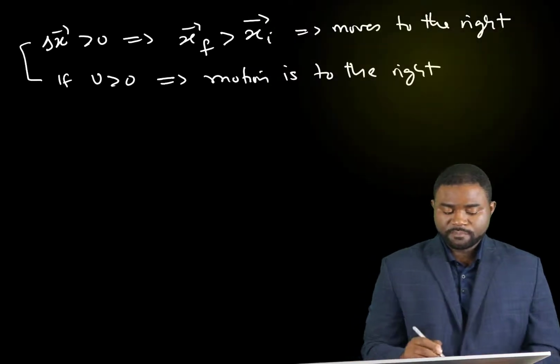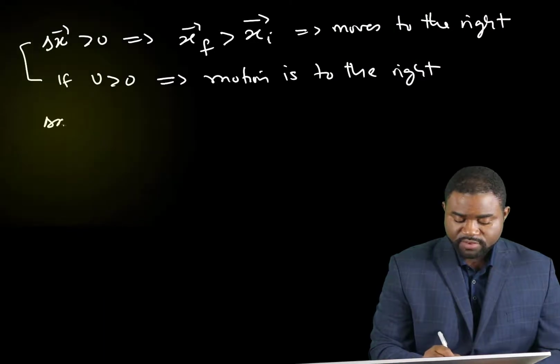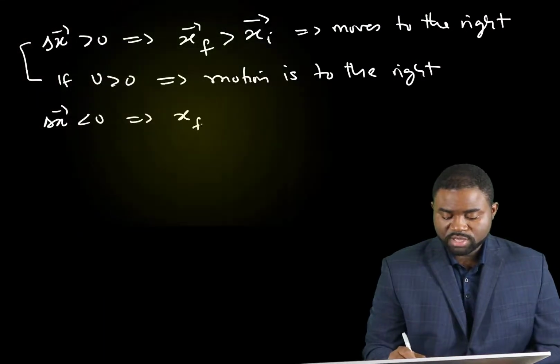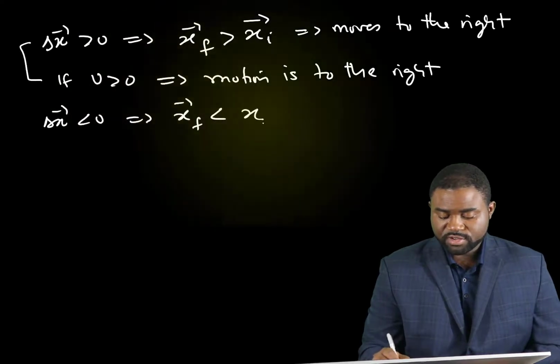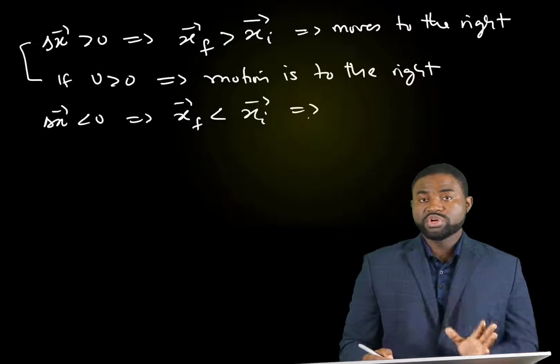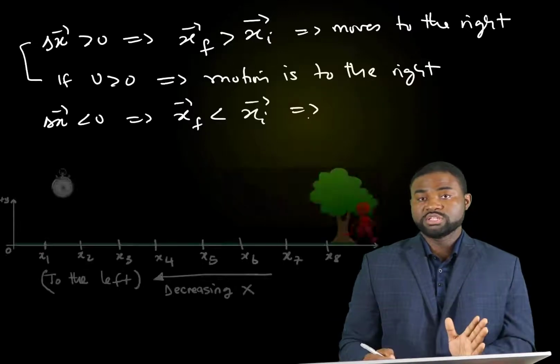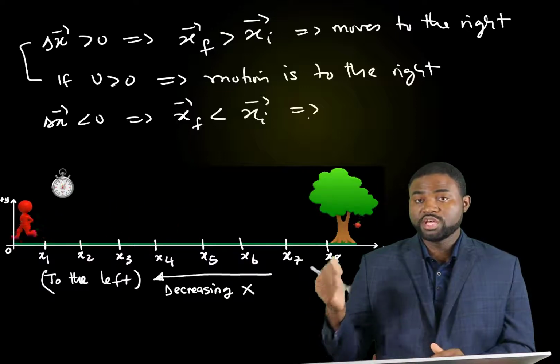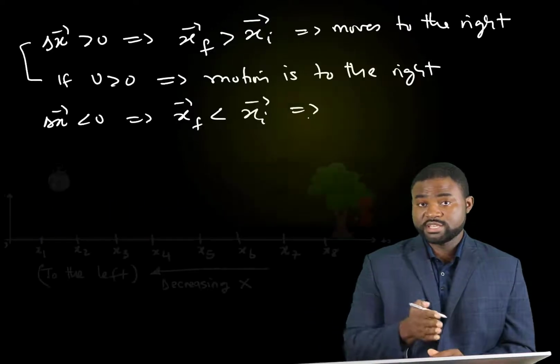On the other hand, if delta x is less than 0, this will mean that xf is less than xi. In other words, the only time in which the final position is less than the initial position is when the object is moving in the direction of decreasing x.